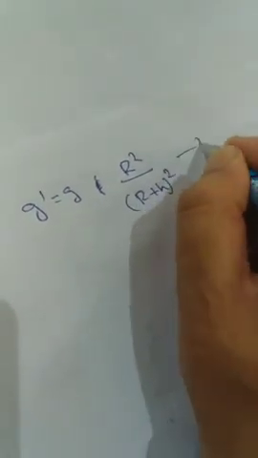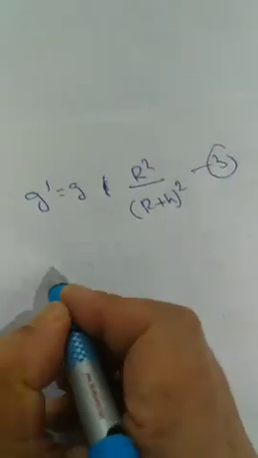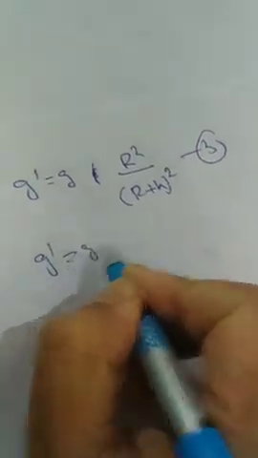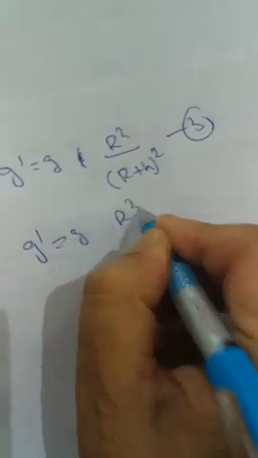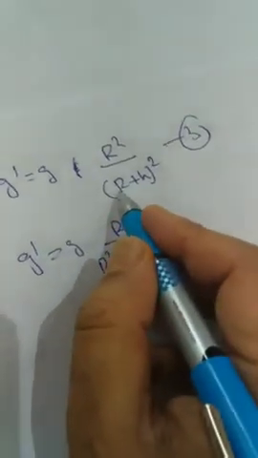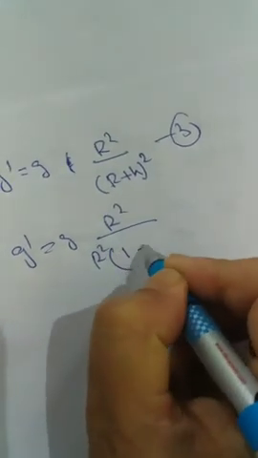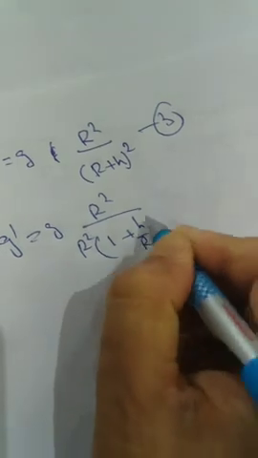This is equation third. This is also an important equation. Or I can write it as equation 3, g dash is equal to g r square upon, taking r square common from the denominator, 1 plus h by r whole raised to 2.